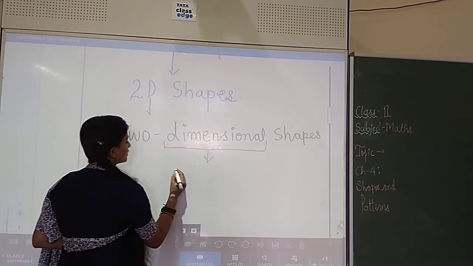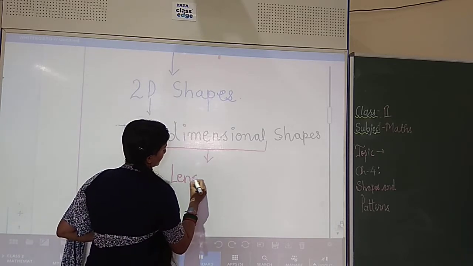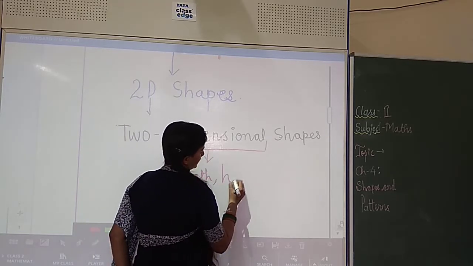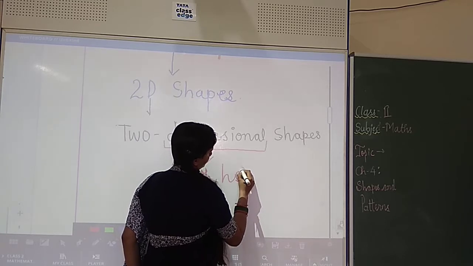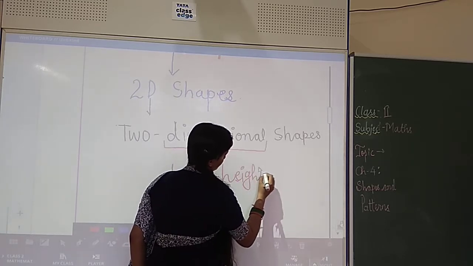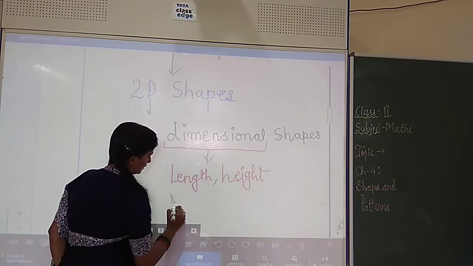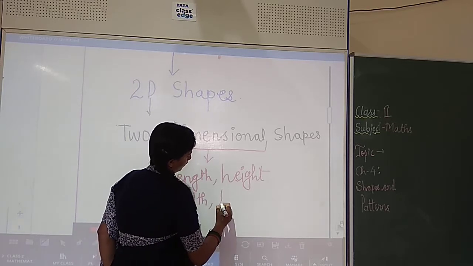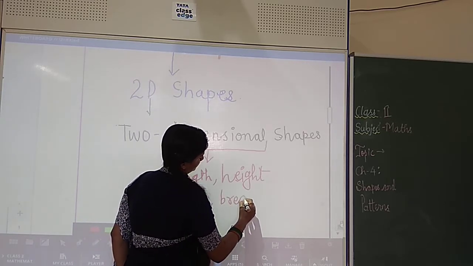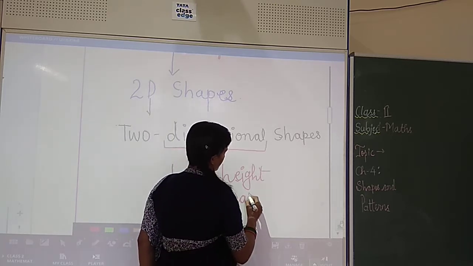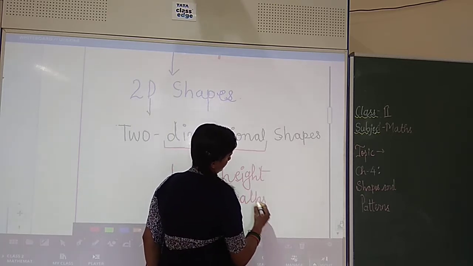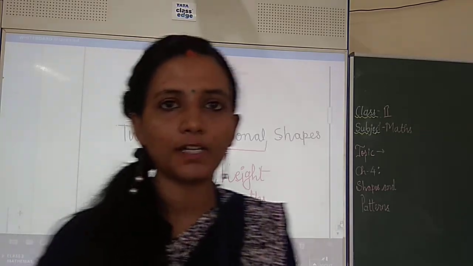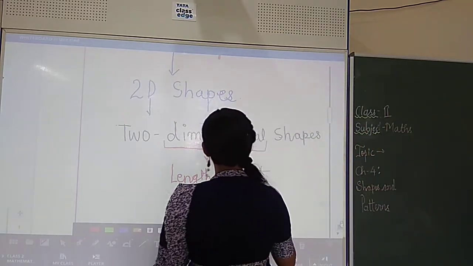So, dimensions are what? Length, height, width, or you can say breadth also. Height, breadth, length. These all come in dimension.